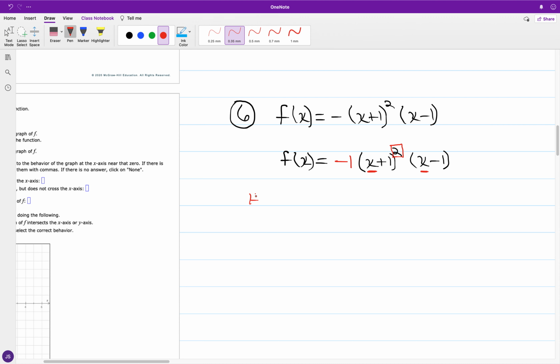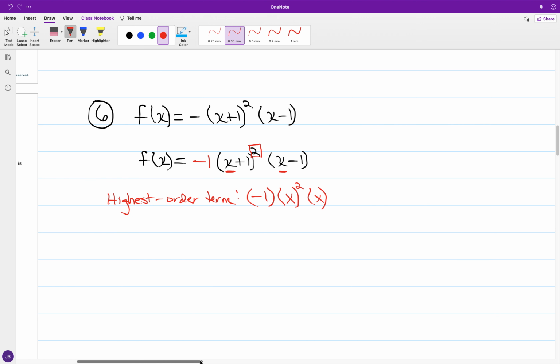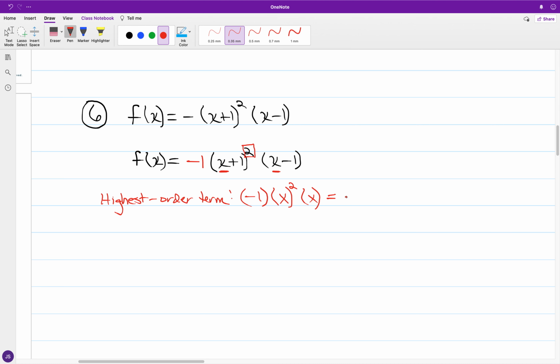Now the highest order term: we have negative 1, times x to the second, times x. Again, just repeating, you have negative 1. Now the square of x, that's going to be x squared, and we have times x.